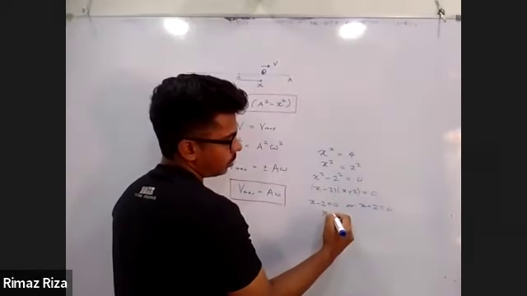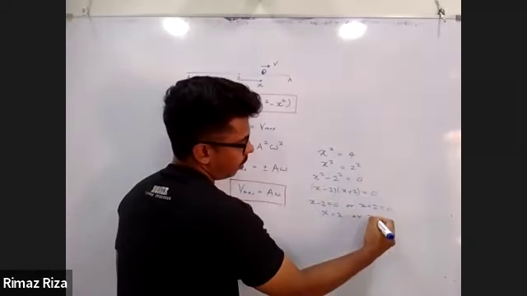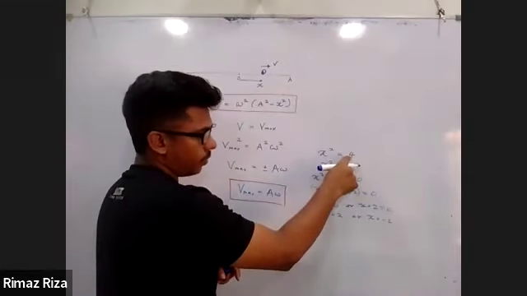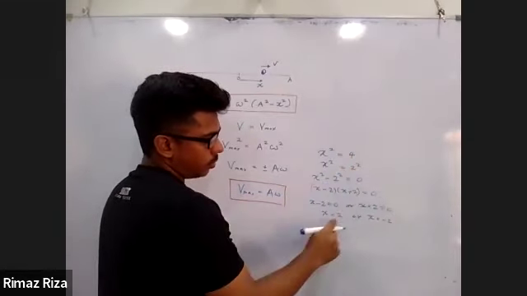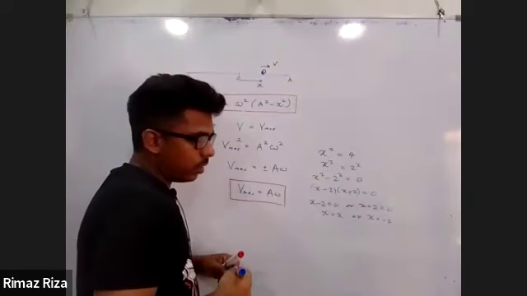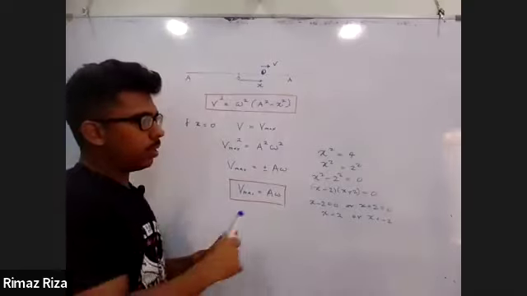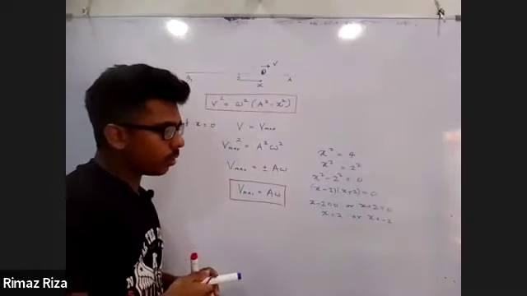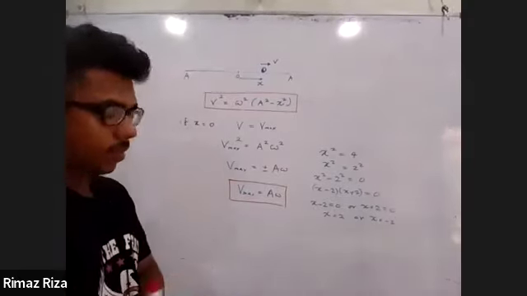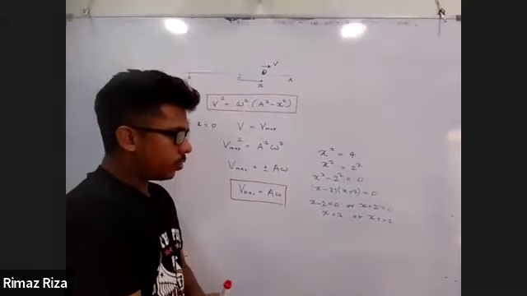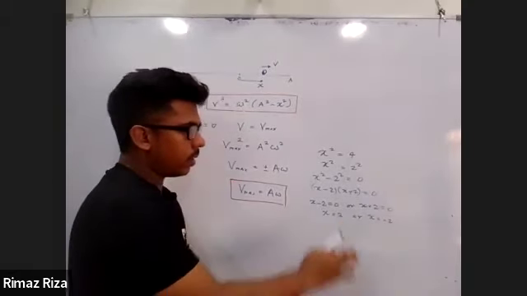Therefore, you get two solutions, x equals 2 or x equals minus 2. So when you take the square root, x equals 2 or x equals minus 2. You have already studied this in your O levels, solving quadratic equations. All right, so that is the mathematical reasoning.